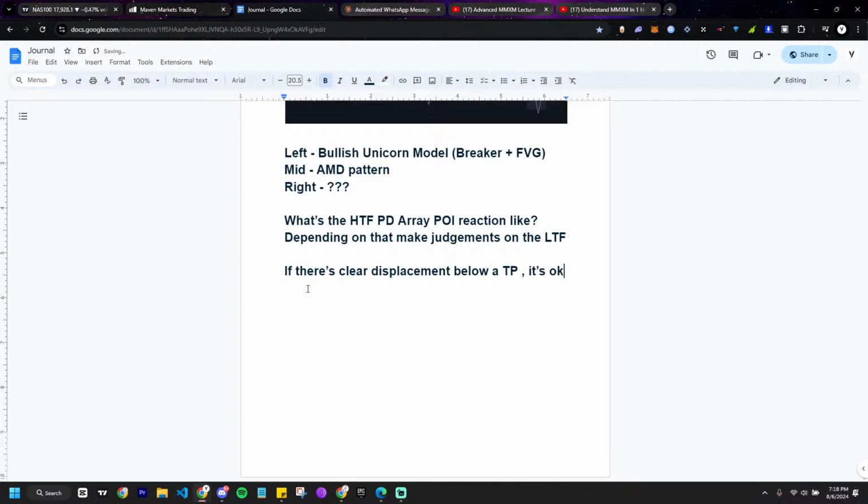It's okay to let your TP run a bit, but ideally once you see a 5-minute reversal MSS with real displacement, you get out. Alright, simple as that.